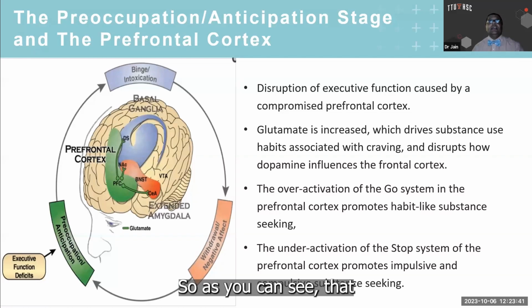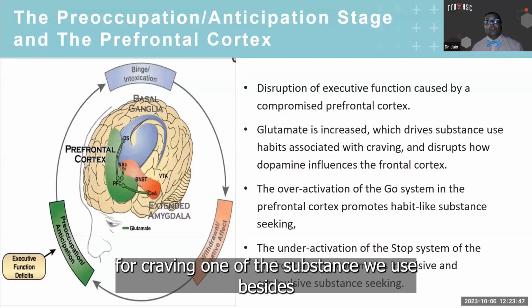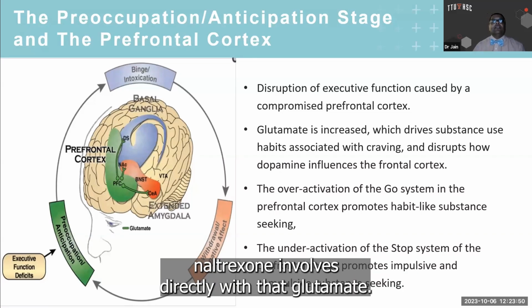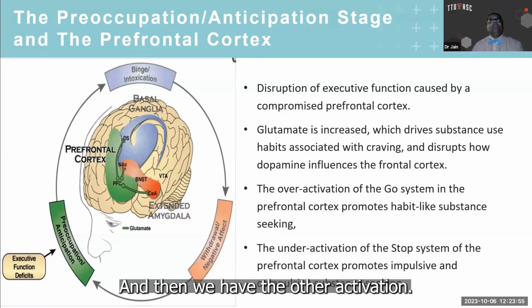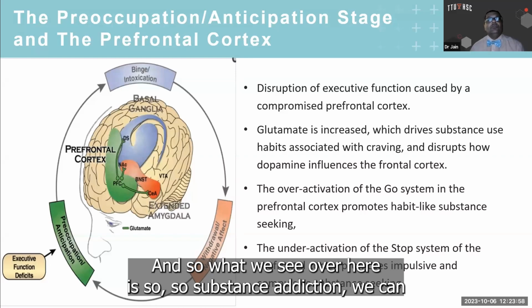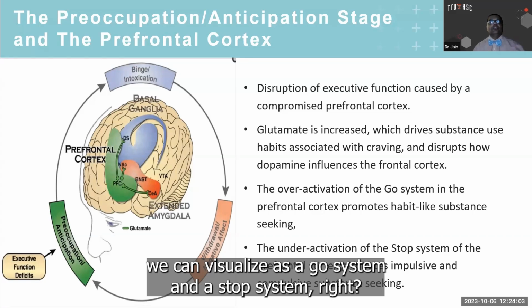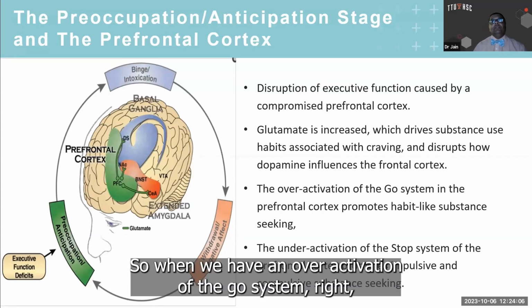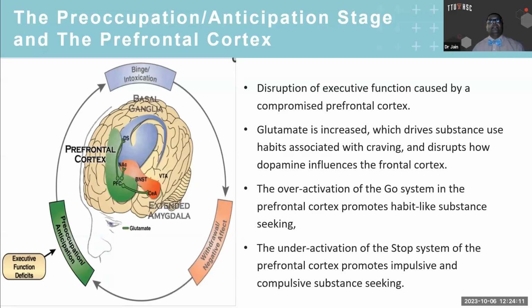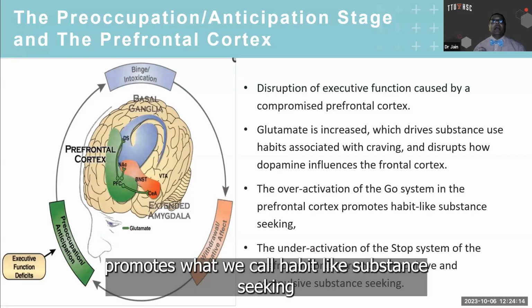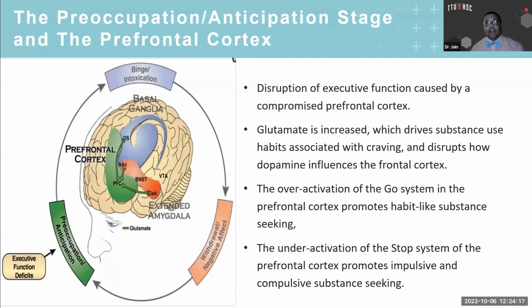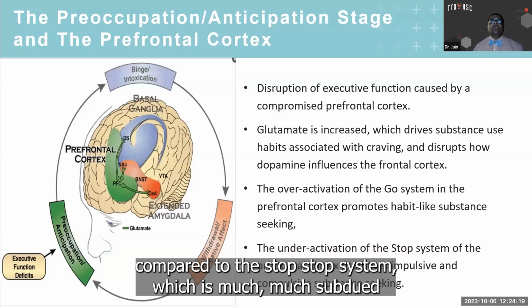So as you can see, among the substances that are used for craving, one of the substances we use besides naltrexone involves glutamate directly, right? And then we have the other activation. What we see over here is that substance addiction we can visualize as a go system and a stop system, right? When we have an overactivation of the go system, that promotes habit-like substance seeking, compared to the stop system, which is much subdued.